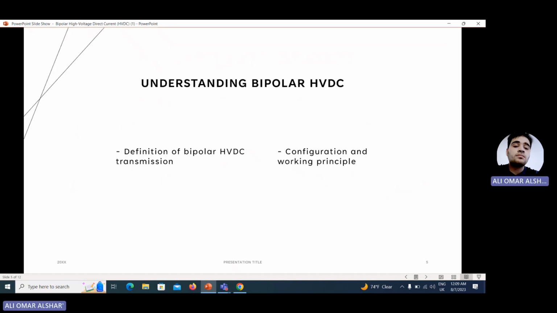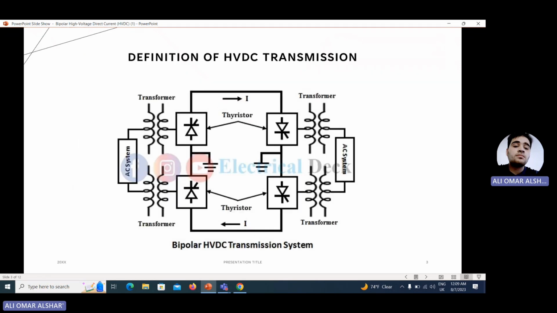Now, to understand the bipolar high voltage DC lines, we have the definition of bipolar high voltage DC transmission lines. For that, I can use this diagram. We can see here the definition, that we are using two cables, one for the positive side and the other for the negative side.